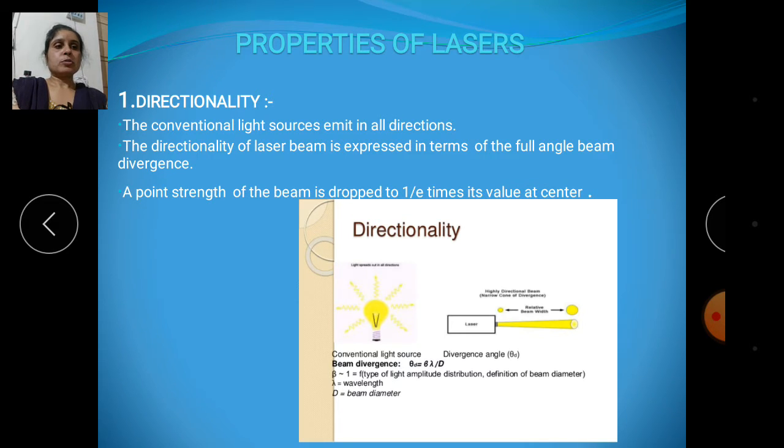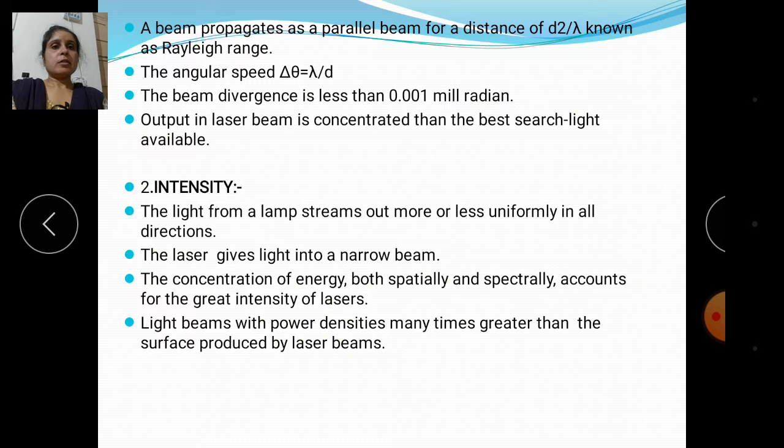The beam can propagate as a parallel beam for a distance given by d squared by lambda, also known as the Rayleigh range. So the angle can be defined as delta theta equals lambda by d.